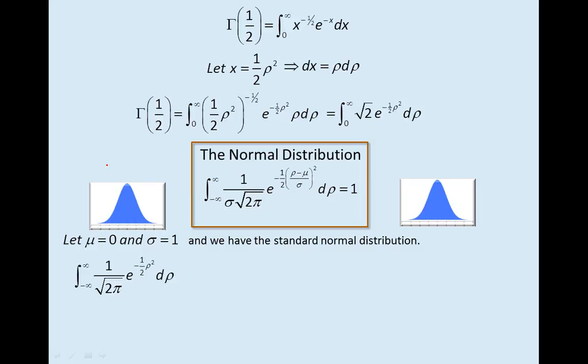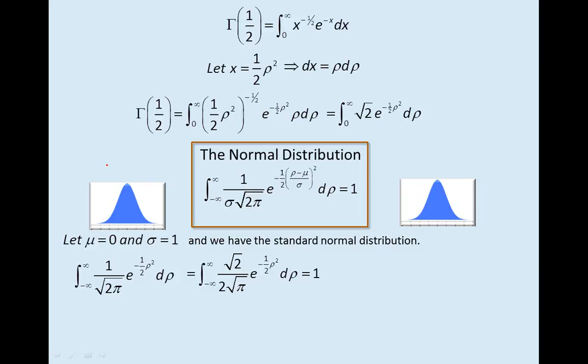Now, because of the symmetry, I'm going to change this integral. Notice first of all what I've done here is I've rationalized. I have 1 over the square root of 2. I'm just going to write that as the square root of 2 over 2. That's just me rationalizing the denominator. But now look at this.